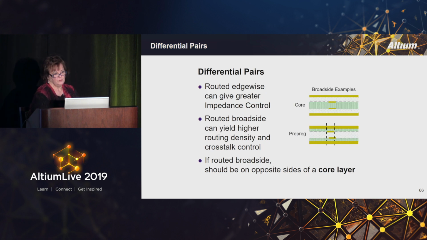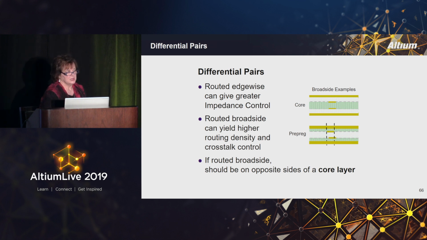If you've done your stack up right and you've accounted for layer paired routing, they absolutely can change to another layer. If you're putting the differential pairs in a setup where they are broadside coupled, like the top picture on the right, broadside means that the wide side of them are next to each other.